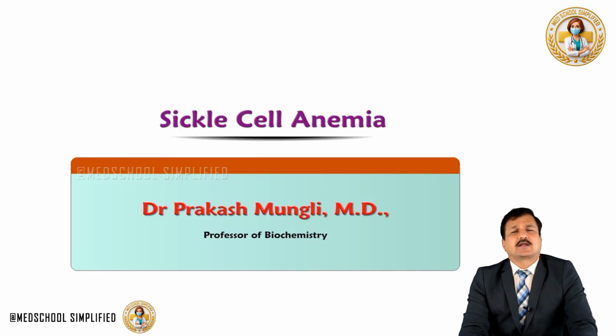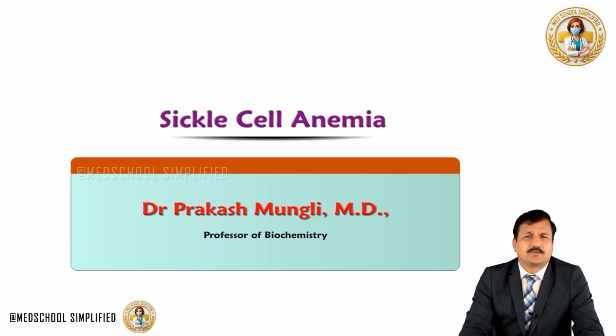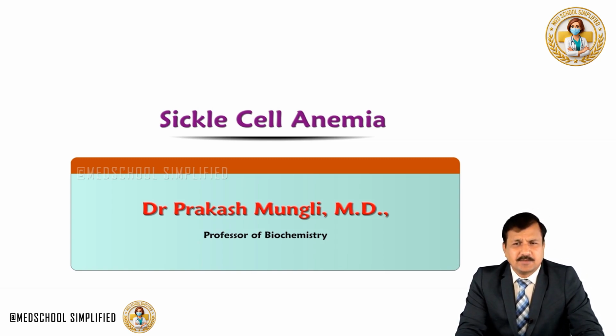These are all a collection of disorders where structural changes in a hemoglobin molecule occur, and especially it's a qualitative change because of a substitution mutation mostly in the beta-globin gene, especially at the 6th position of beta-globin, where glutamate is replaced by valine in one of the beta-globin chains, leading to sickle cell trait. If it happens in both the beta-globin chains, it leads to sickle cell anemia.